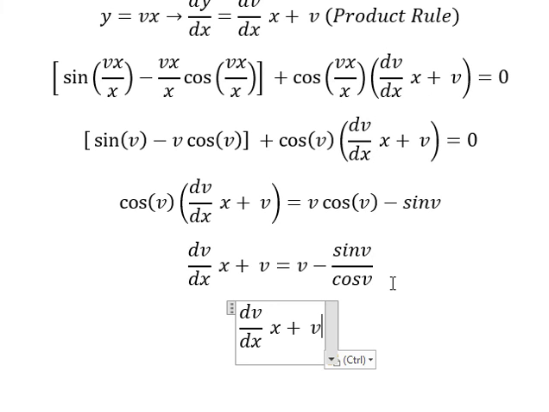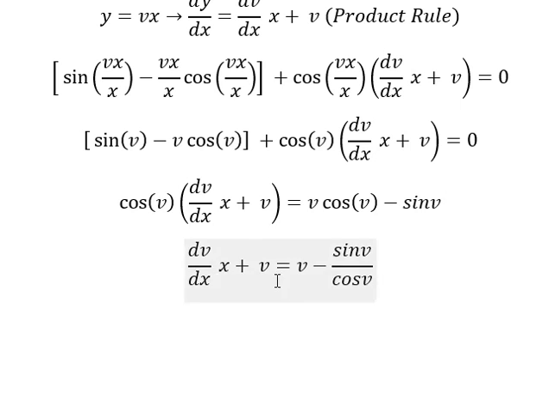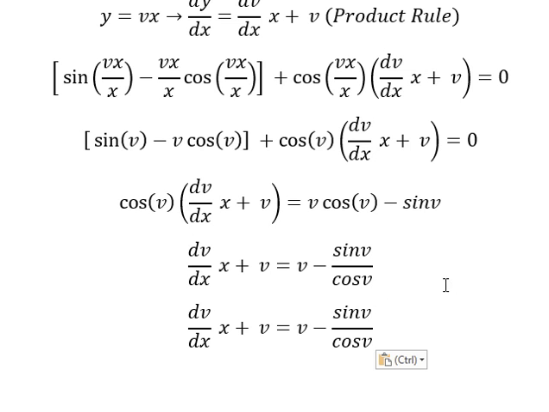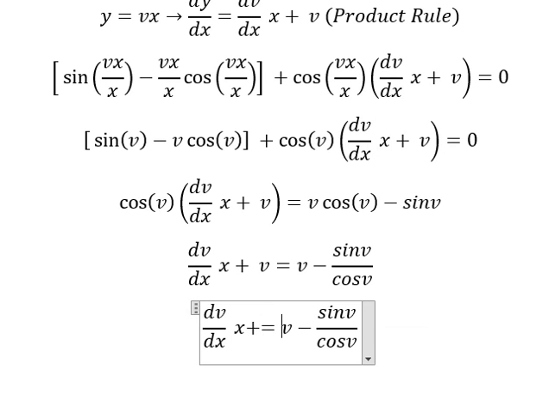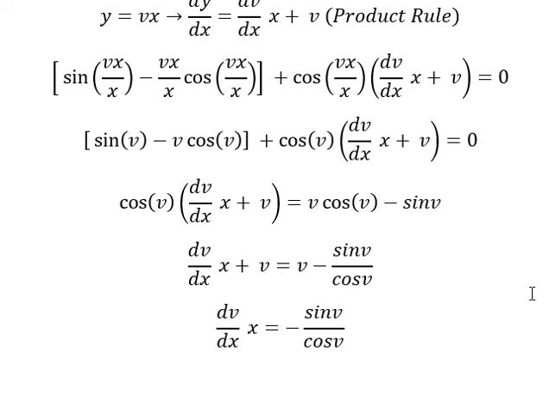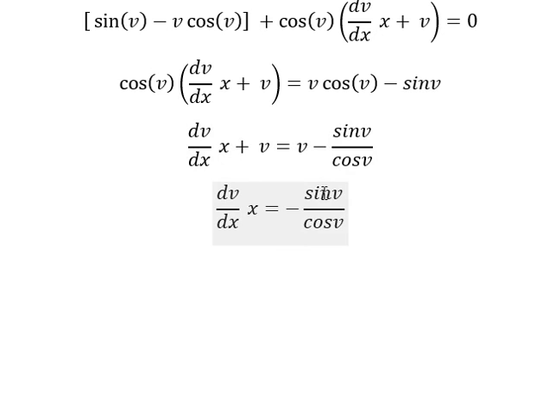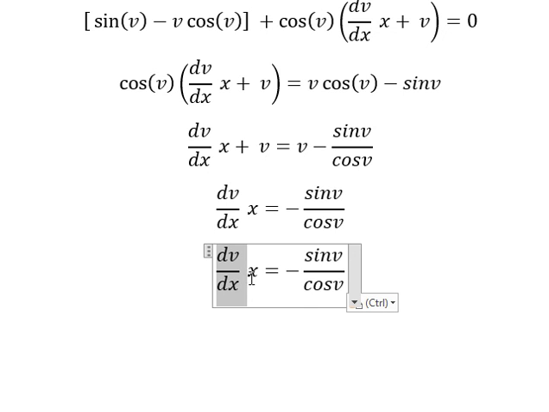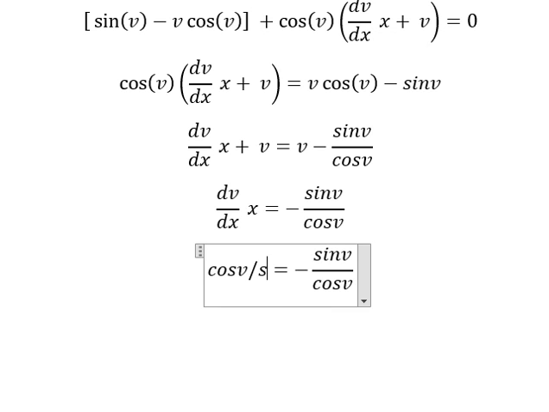Next, v and v we simplify for both sides. Next, I will put sine v over cosine v to the left, dx and x go to the right, and we have like this.